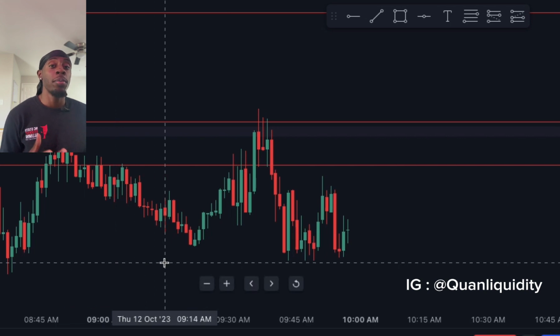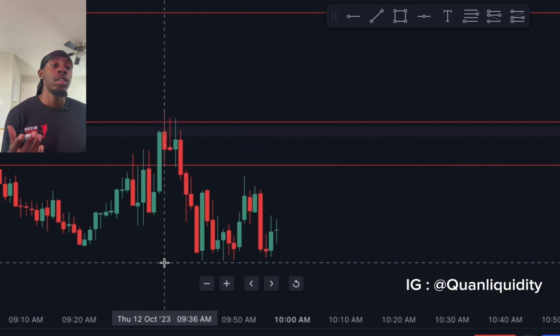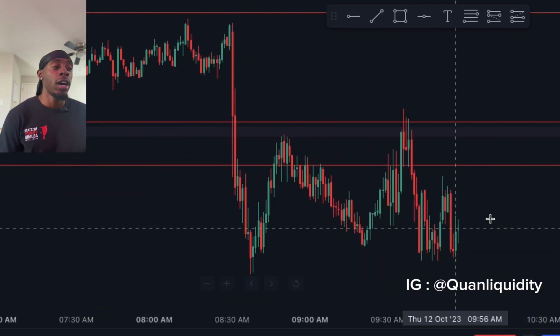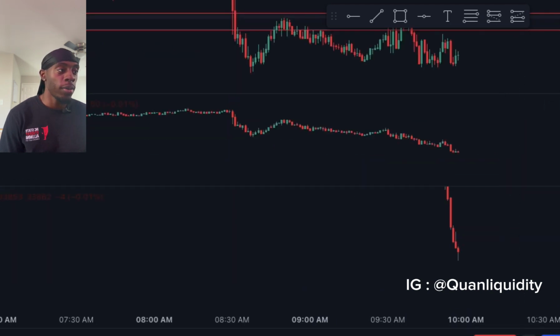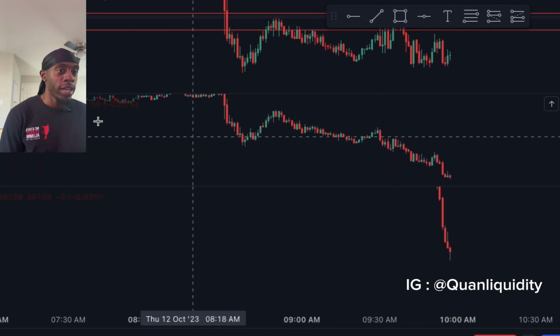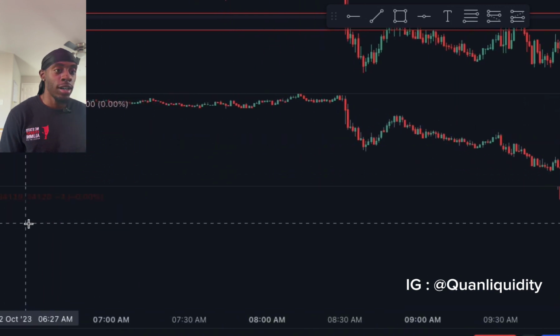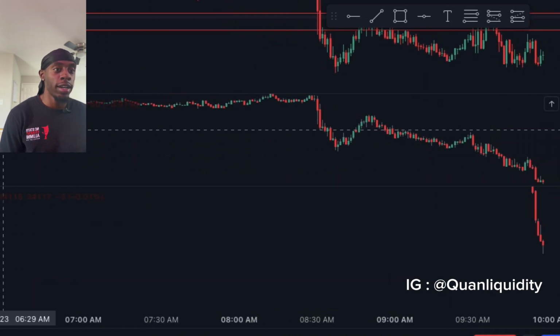Another important factor that helped me keep the bias of bullish was the other two indices. If I do have them up, okay, I do. As you can see, this is ES. You can't really see it, I'm sorry, I probably cut it out.